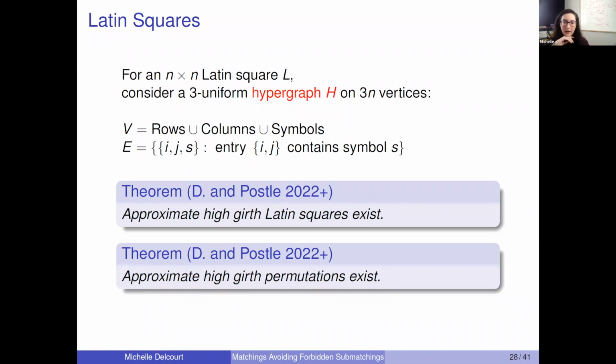And so approximate high girth Latin squares exist. In fact, more is known by other people than that, but what was unknown is that approximate so-called high girth permutations exist. So you could ask the same, instead of n by n squares, for n by n by n, and higher dimensional things without certain sub-patterns.